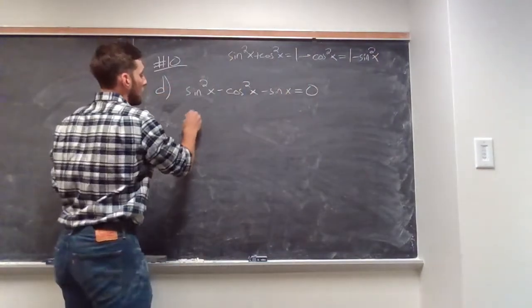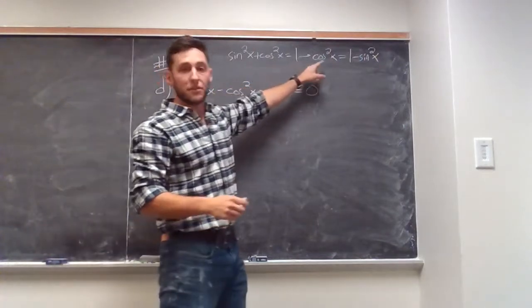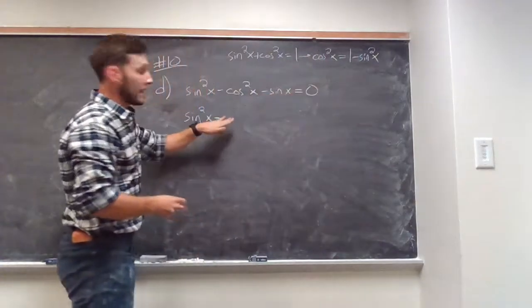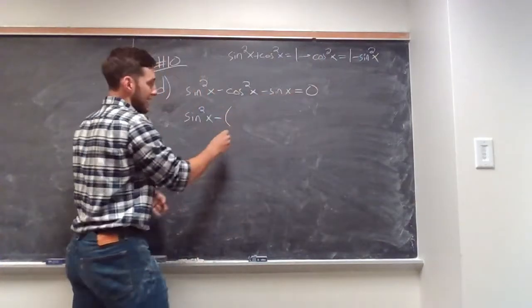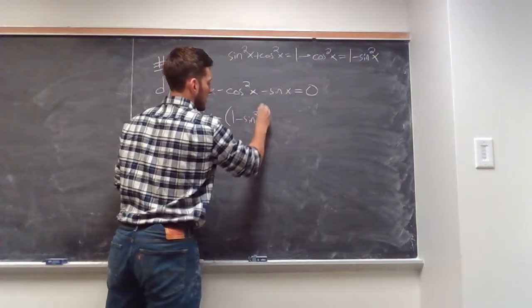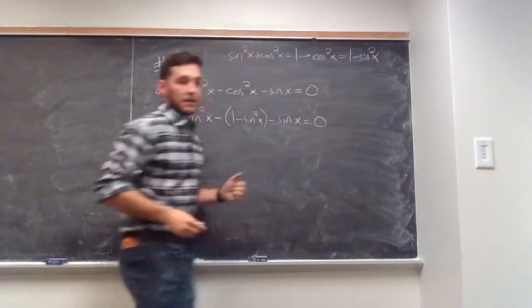Because now I can take this bit of information, cosine squared x equals 1 minus sine squared x, and plug that in where I see cosine squared x. So this is classic use of a trig identity.